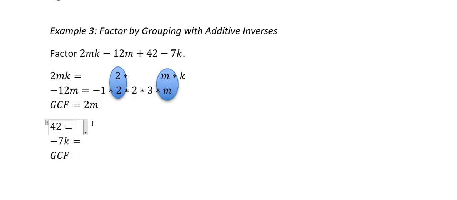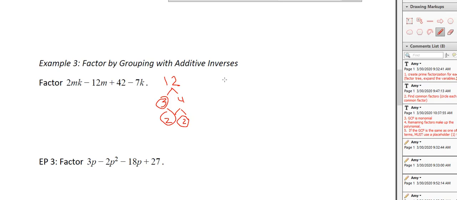Alright, for my second set, 42, I've got to factor tree that. The most common factorization you would come up with would be 6 times 7, and 6 is made up of a 2 and a 3. So we have a 2, a 3, and a 7.